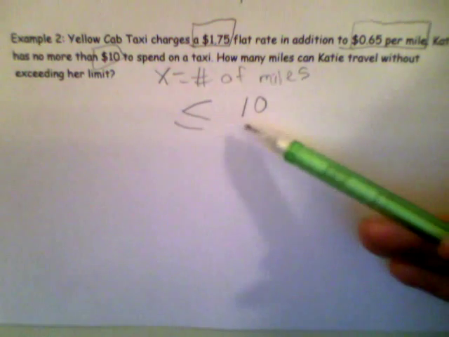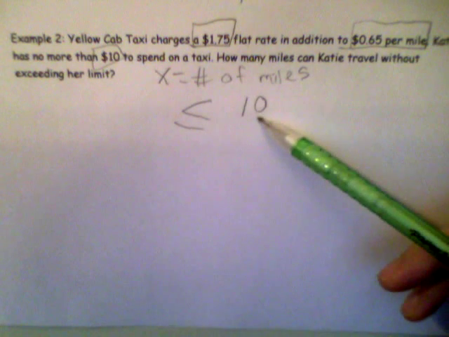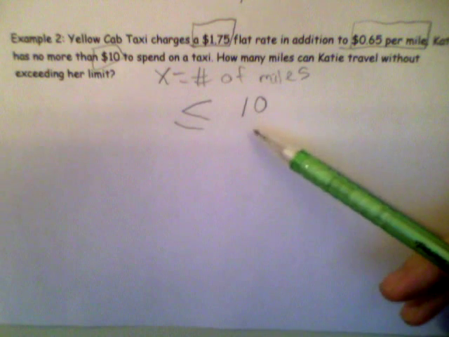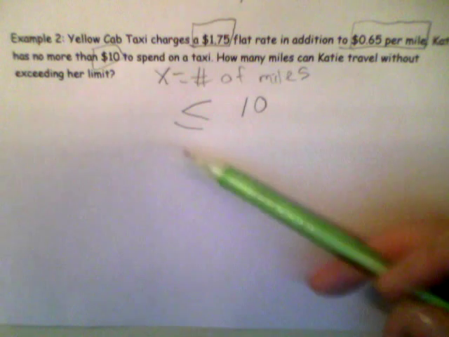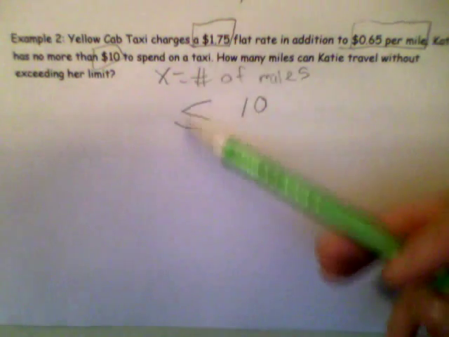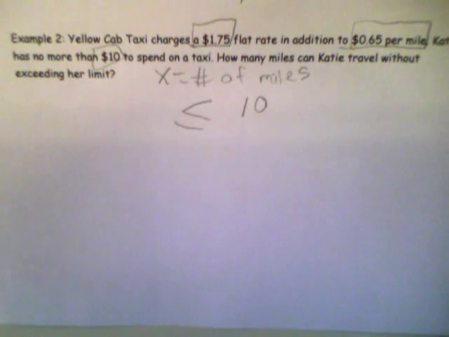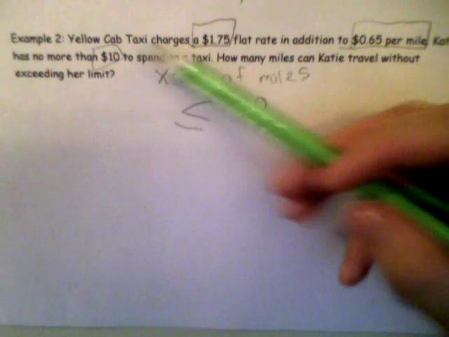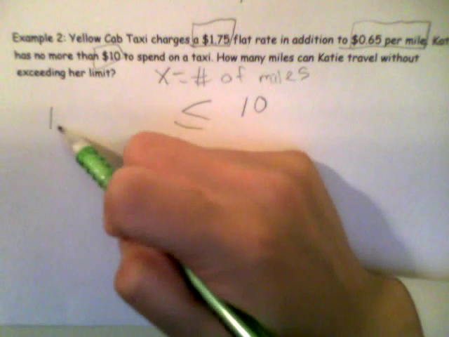When I'm thinking about my inequality, I know that I cannot exceed $10. So however much money I'm spending on my taxi has to be less than or equal to $10. Okay, so that's how I got this part of my inequality. Now I have to determine the left side of my inequality. So to figure that out, I know that the taxi cab charges $1.75 flat rate. So I'm going to put that there first.